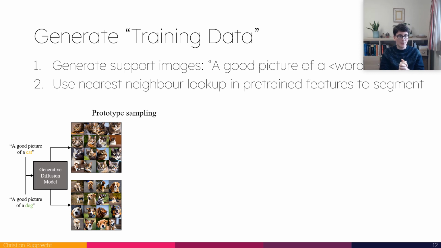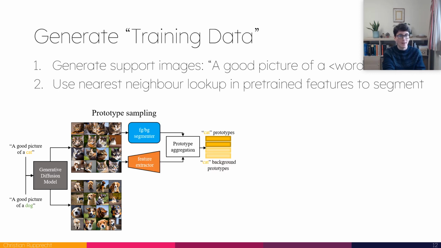The way we do this is the following. We have generated these images, and then we extract features for the whole image, and we use the foreground-background segmentation. And then we just pool the features within the foreground and the background. That gives us, for every category that we're interested in, a foreground feature and a background feature.